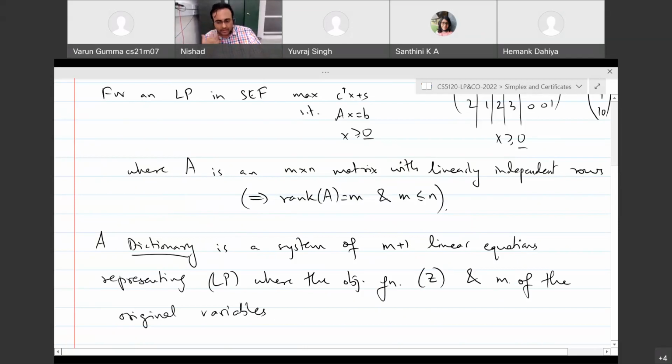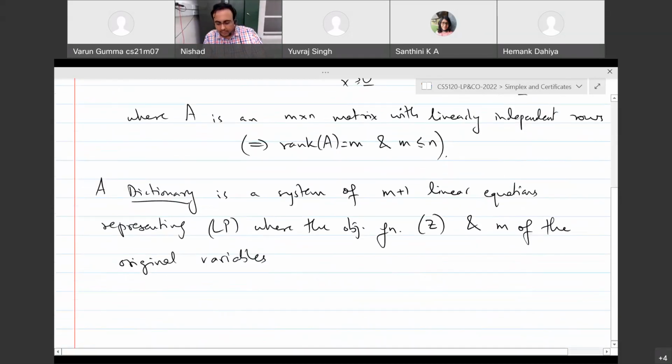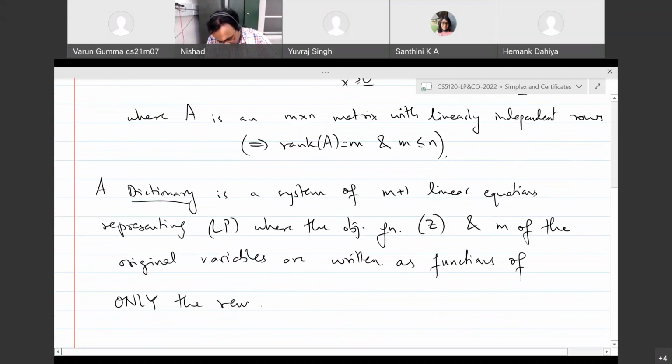You have a total of m constraints and n variables. So we want m of the variables. So in our example, we want 3 variables to be expressed as linear functions of only the remaining variables. Right? So the remaining variables will be n minus m.